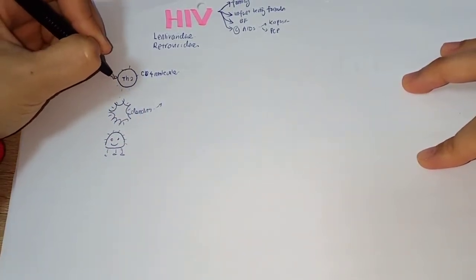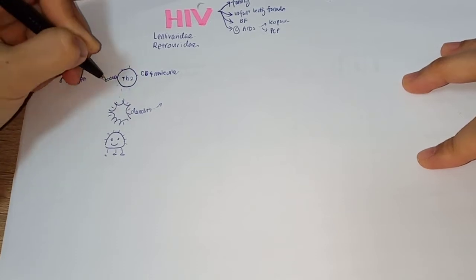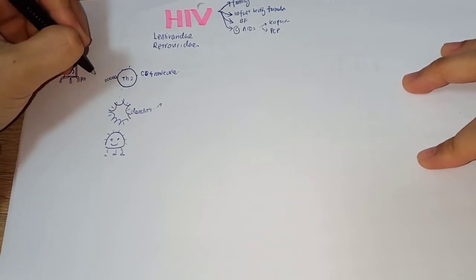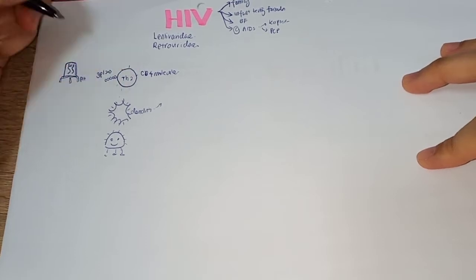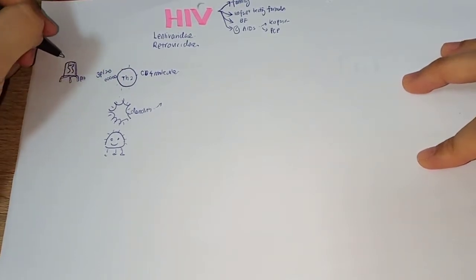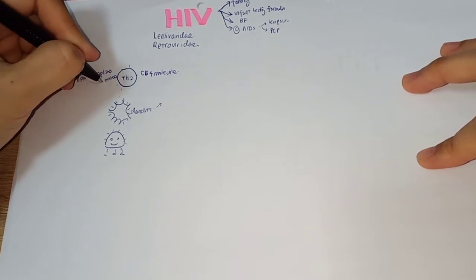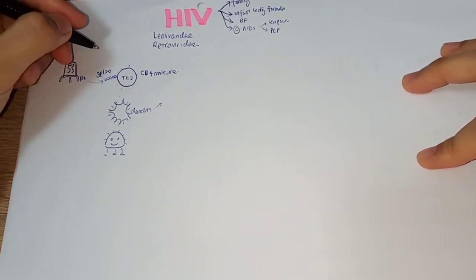So what molecules are these? Let's zoom in. CD4 is composed of glycoprotein 120, and the virus loves glycoprotein 120 very much.